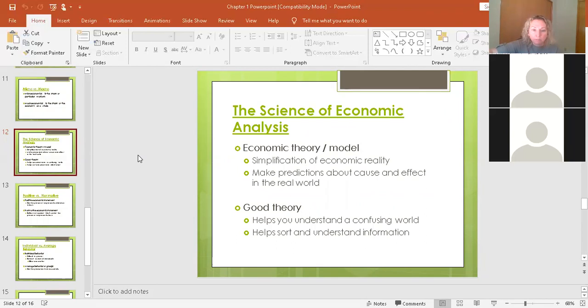A good theory really helps us to understand this complicated and confusing human condition because we can't really predict everyone's behavior. It also helps us sort out data and understand how choices and economic trends work.